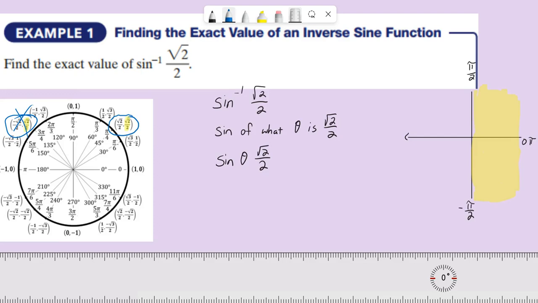So that means our only solution for this would be right here, which is pi over 4. That's the only place where sine, or the y value, is root 2 over 2. You can notice that in the other domain that's not restricted, in quadrant 4, that value is not positive. So that's why the only solution there is pi over 4.